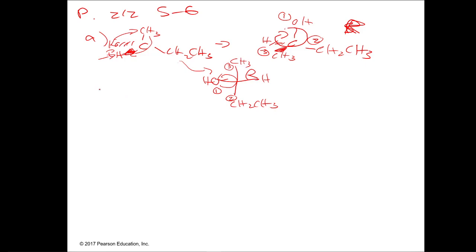All right, so let's look at a couple more. I'm not going to do B. That's the same as A. Okay, we're going to look at C. In this molecule, there's actually only one chiral carbon.